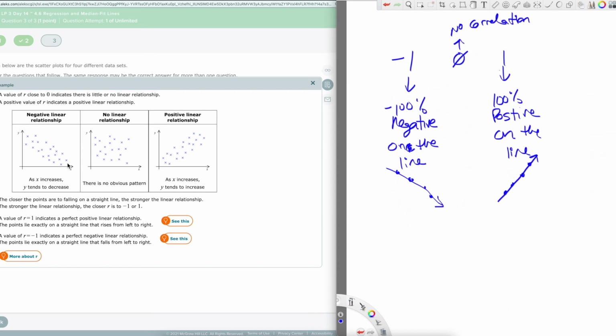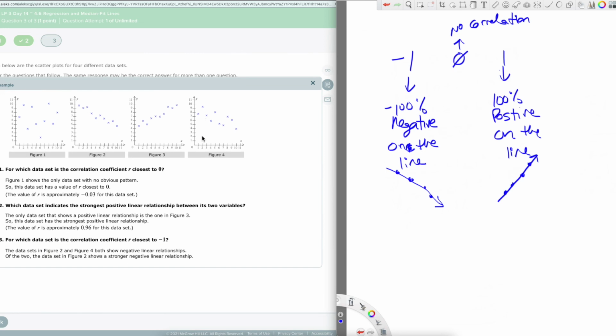It'll be closer to that -1 than the 0, because there is a linear relationship there. This guy has no linear relationship at all. It's just a cloud. So this would definitely be a 0. But this one, as X increases, so does Y. There's a positive increase there going from left to right. So this one's going to be closer to +1. So this is the idea as we go through here.